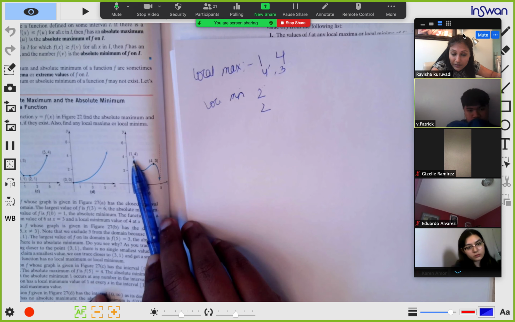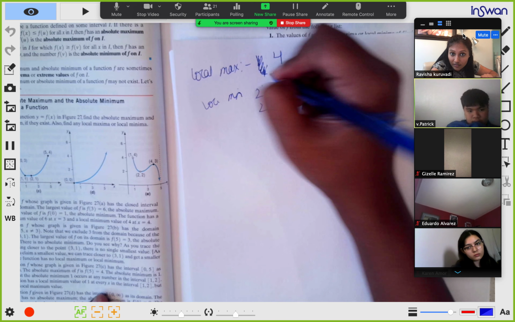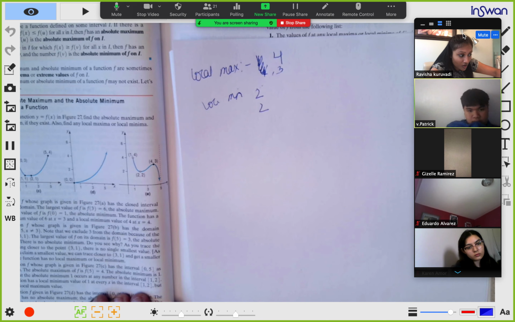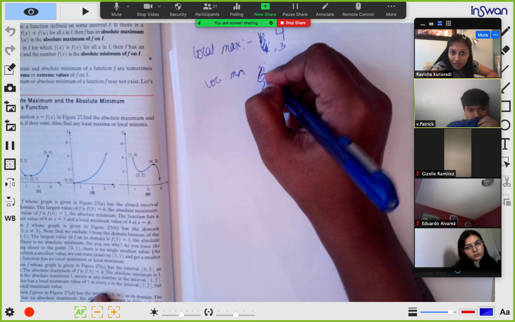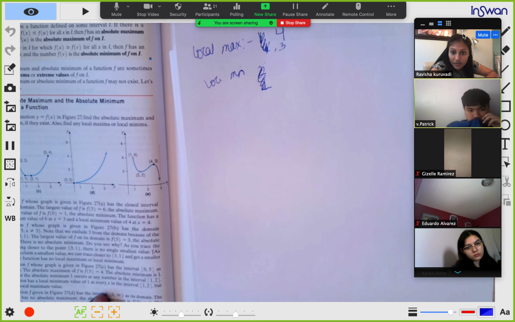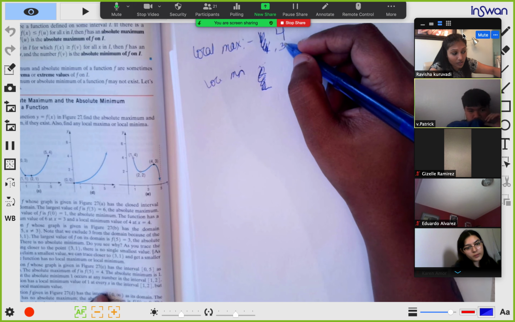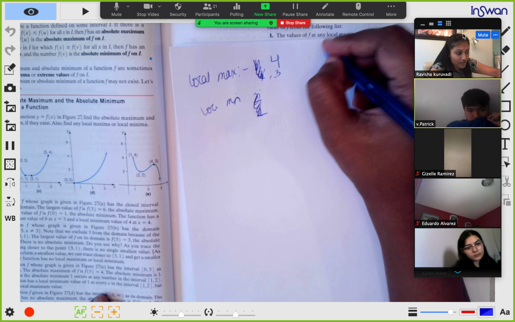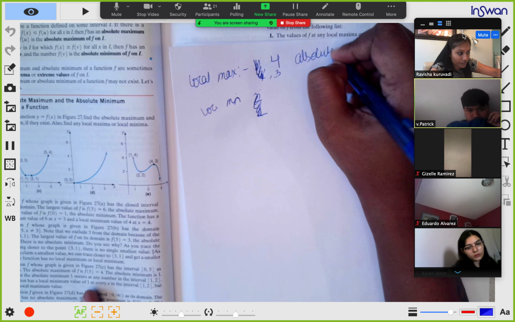That means these points are not included. So even 2, 2 is not colored, so even this point is not there. Okay. So only this is the local maximum, right? Since there is only one local maximum, that will be my absolute max also.